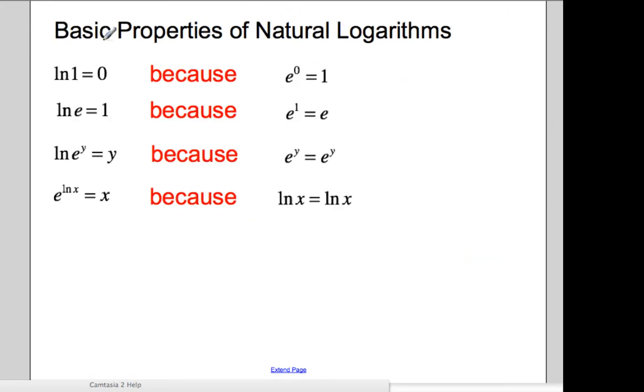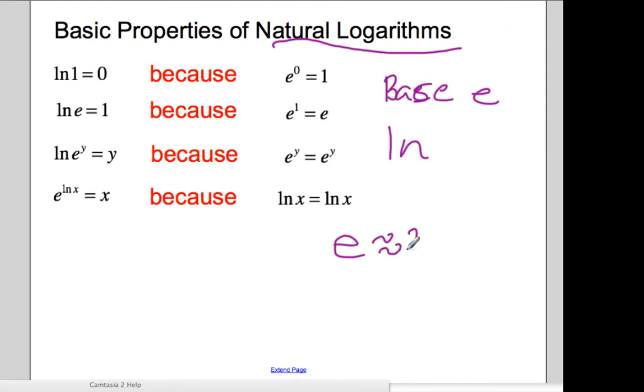Then we have the basic properties of your natural logarithms. And these are what are called base e. They are denoted on your calculator by ln for natural logarithm. And e is a number that is similar to pi, and it is approximately 2.718.